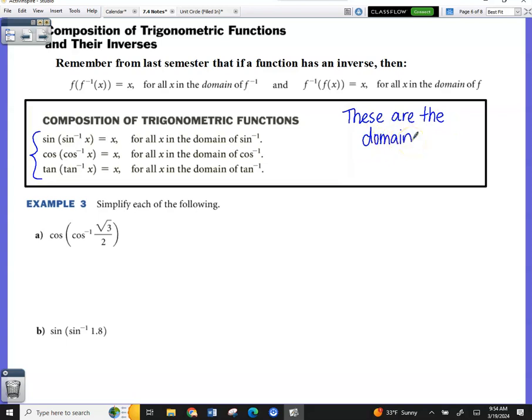These are the domain window values. I'm going to write them down. These are notes I make to myself. Sine is negative 1 to 1, cosine negative 1 to 1, and tangent is anything, because tangent, remember, lays on its side and runs both directions.